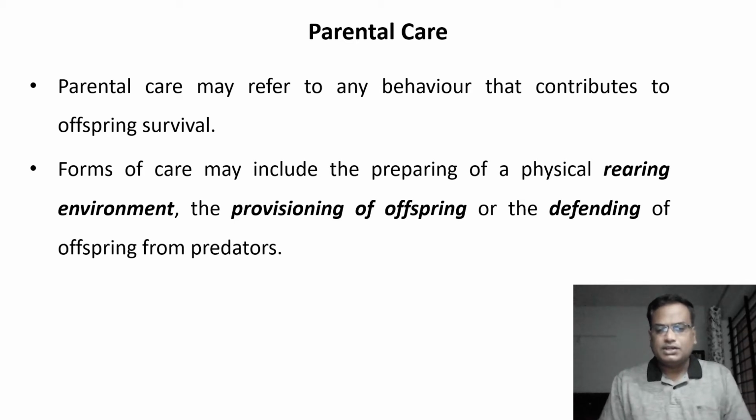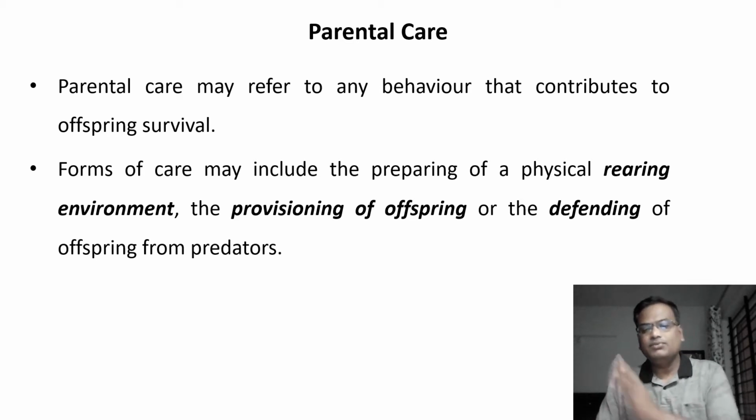In the initial stages, parents are going to make sure that the offspring survives from the environmental conditions, from the enemies, etc. And then they make sure that the young one is going to learn all the skills which are necessary for its survival in the future also.